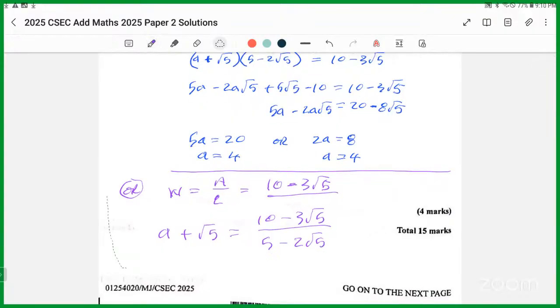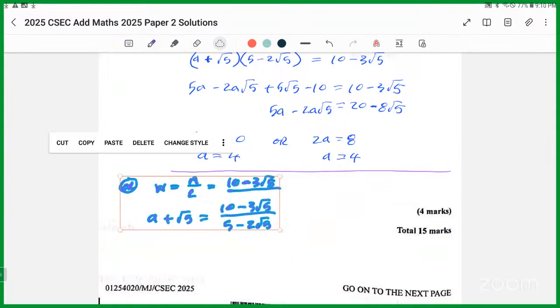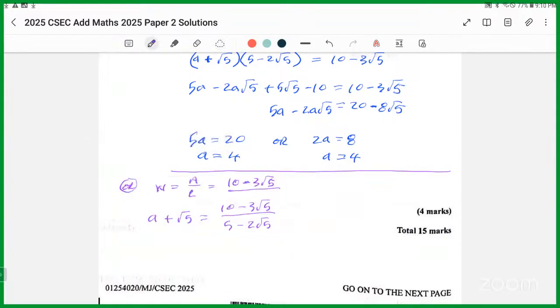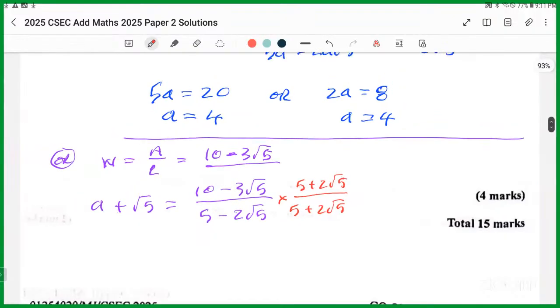Now we want to rationalize this denominator to get the expression looking like that. To do that, we multiply numerator and denominator by the conjugate of this. So it's times 5 plus 2 root 5, over 5 plus 2 root 5, to rationalize this denominator.